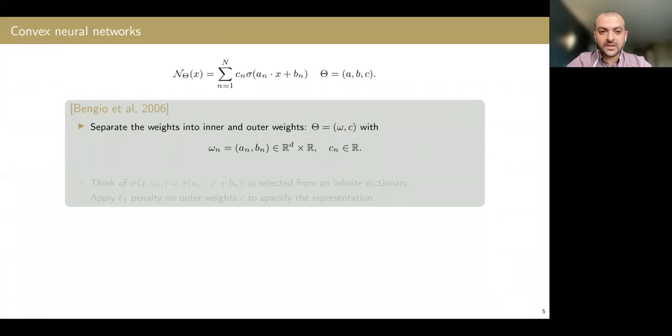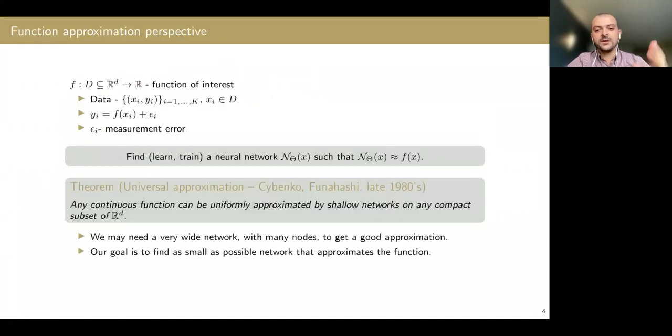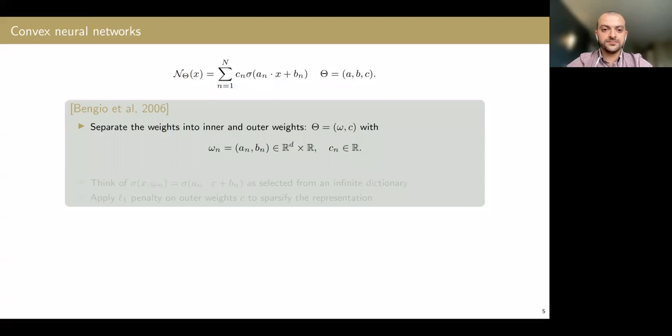So to solve this problem, a method was proposed, and we will see that there are some issues with this method, right? So again, to remind you, the neural network has this form, the sum of Cn sigma(an x plus bn). So our goal is to reduce the number big N. So we want the big N to be small.